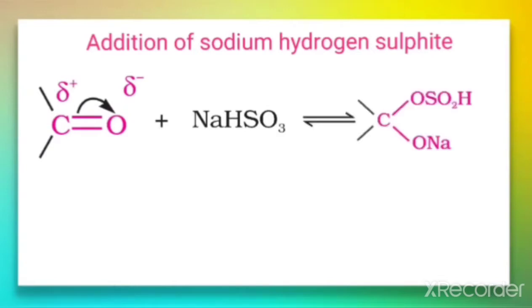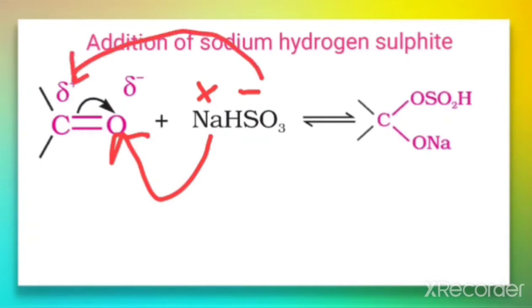So the reaction of aldehyde and ketone with sodium hydrogen sulfite results in the formation of an intermediate. This process takes place in this way: as we know, sodium is positively charged and HSO3 is negatively charged. So the positively charged sodium gets attached on the partially negative oxygen, and the HSO3 gets attached on the partially positive carbon.